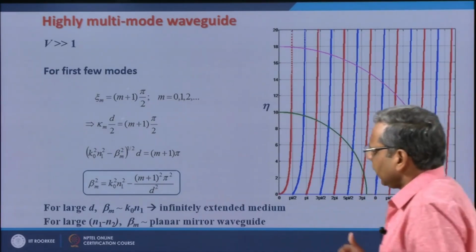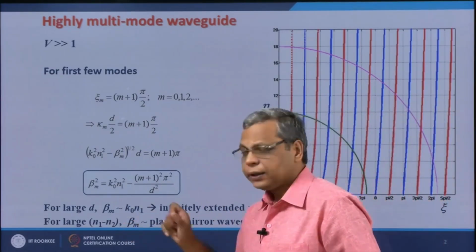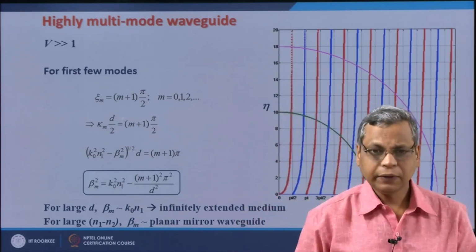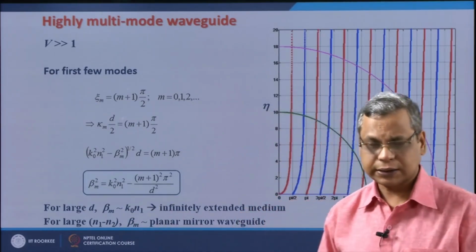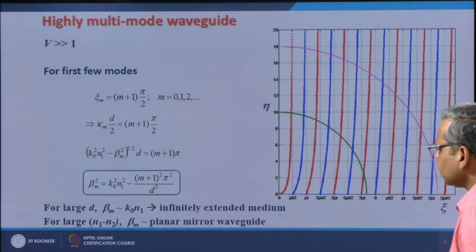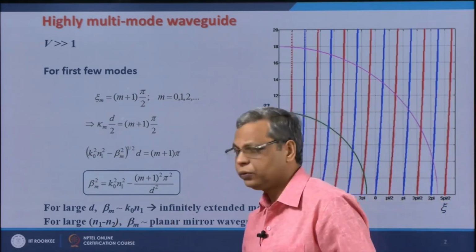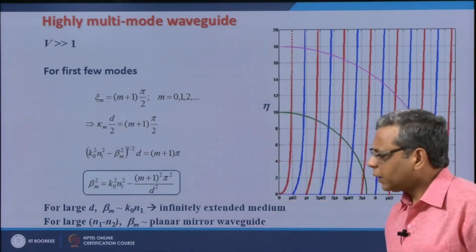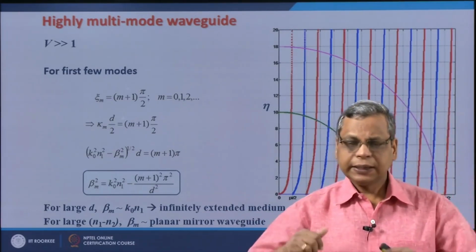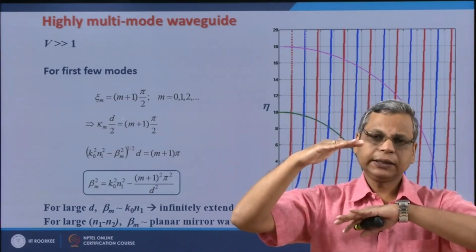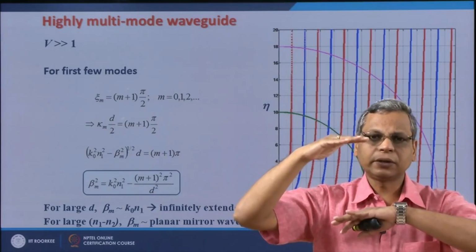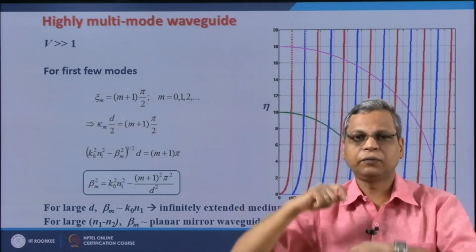Now, if I obtain the large value of V by having a very large index contrast, that is a very large difference between n 1 and n 2, then there is a huge index contrast, and this will give very high reflection.